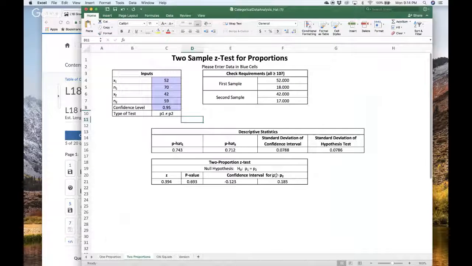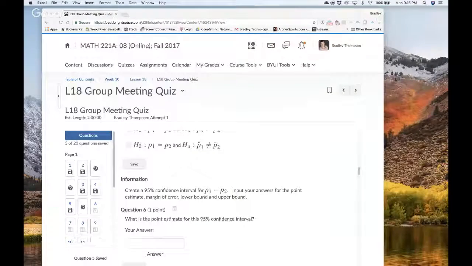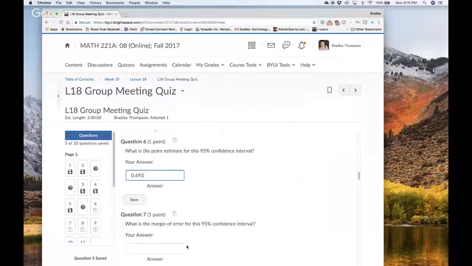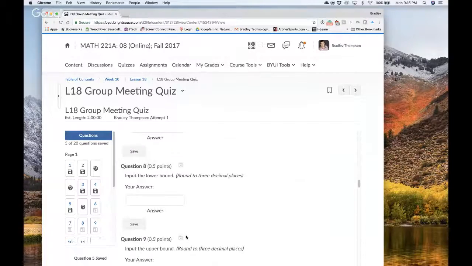For the confidence interval for P1 minus P2, we have that and that, the p-value and the z. So what is it asking for exactly? What is the point estimate? Is that the p-value? Let me go check the margin of error, lower bound, upper bound.